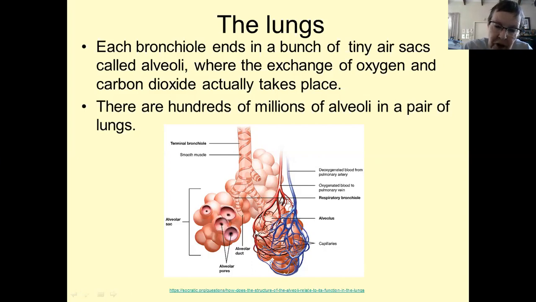And then the little capillaries join together and form venules, and venules join together and form bigger venules, and then veins, and they leave the lungs and go back to the heart to be pumped. Again, very unusual. Normally veins don't carry oxygenated blood, but these little venules do, because they are coming back from the lungs towards the heart, and therefore they would have gotten rid of their carbon dioxide and picked up oxygen.